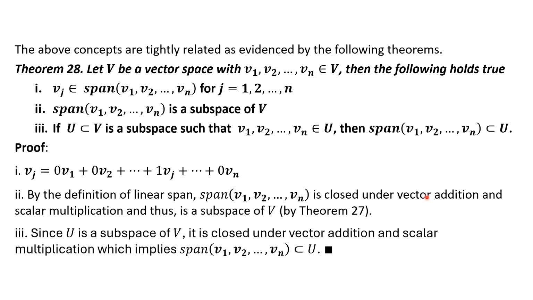And since U is a subspace of V, we're given that, it is closed under vector addition and scalar multiplication. And since we're told that these n vectors are elements of U, that implies that the span is a subset of U. Okay, so that's this theorem.